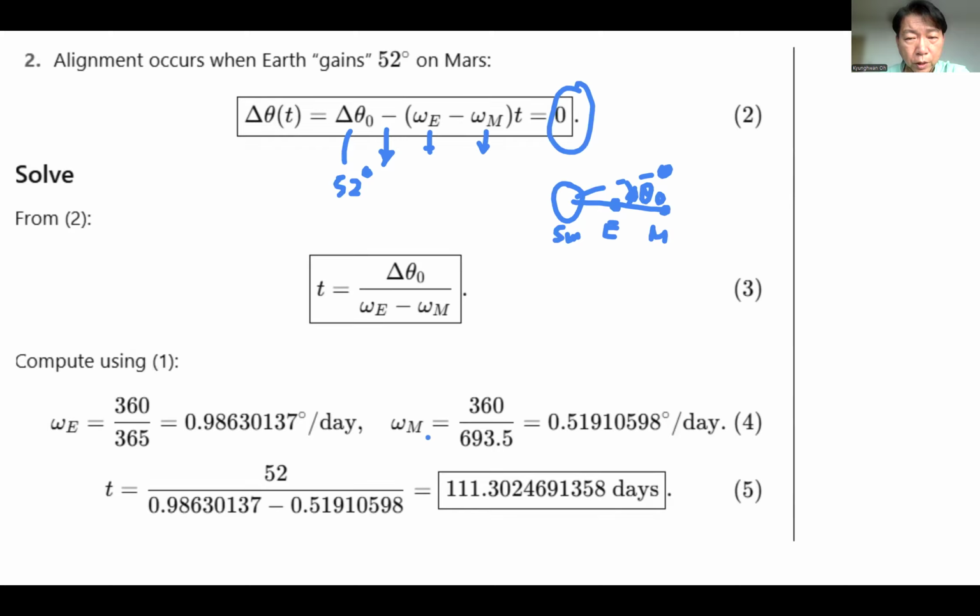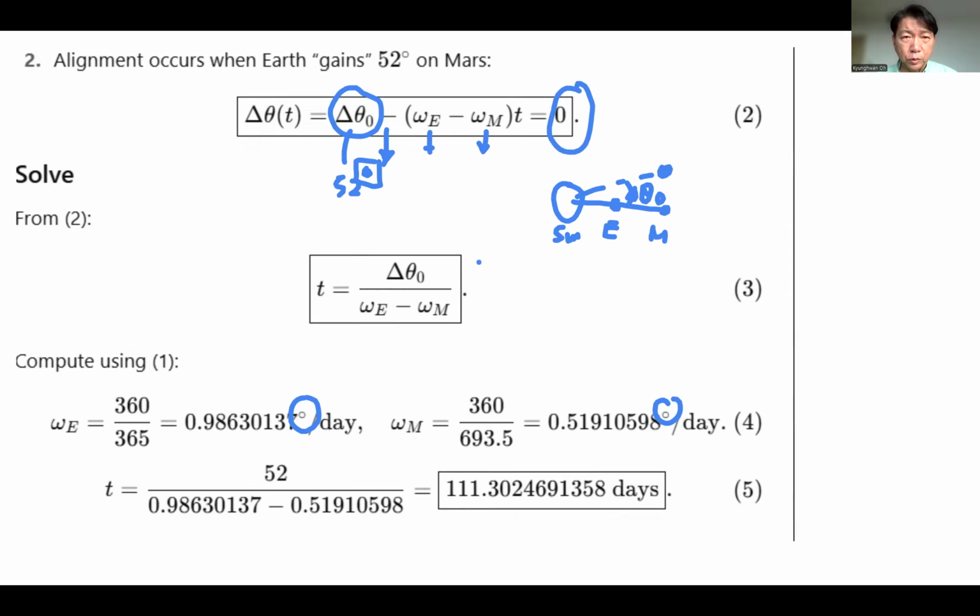Note that in this case we have to keep the units all the same. In this case, we keep the degree. Of course, we can change it into radians, but in this case we are going to keep it as degrees because we are based upon 52 degrees. If we change the 52 degrees into radians, then we should change omega_E and omega_M into radians per second.